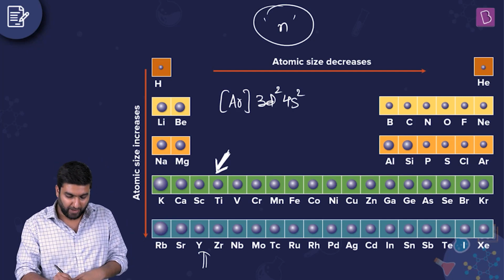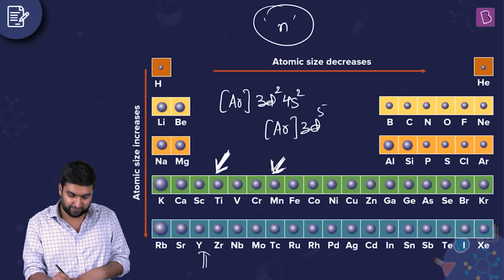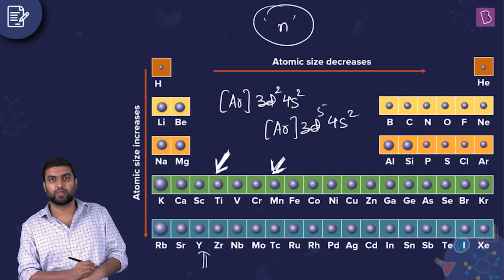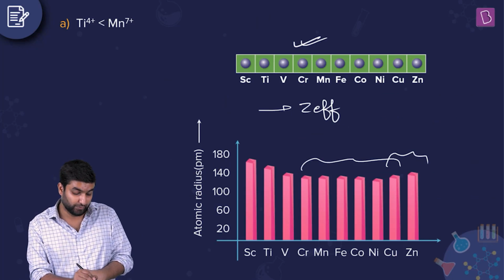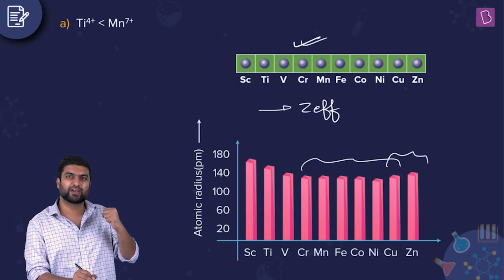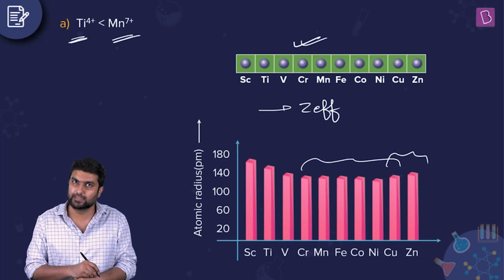Okay. Apart from that, what do I have over here? I have manganese. The configuration is Ar 3d5 4s2. Now, what is this option A doing? This option is saying: rip 4 electrons from titanium, rip 7 electrons from manganese.